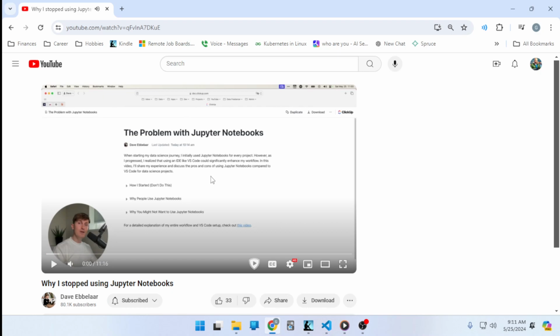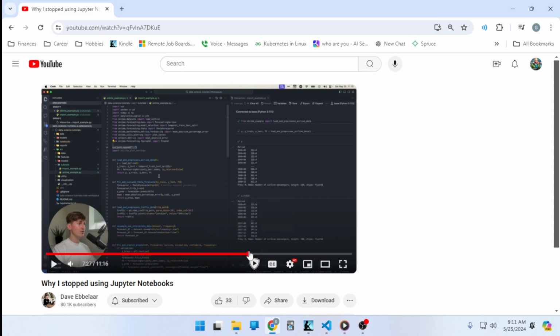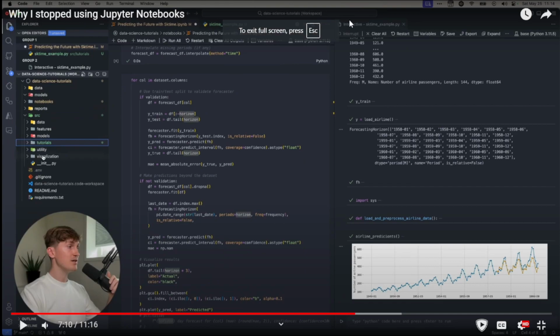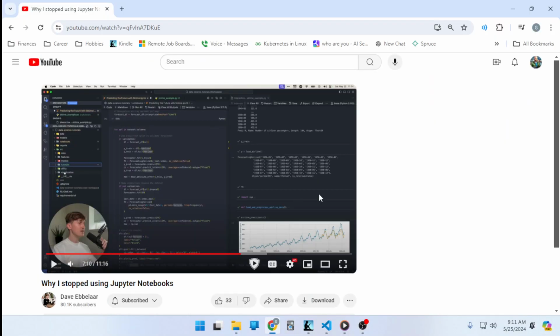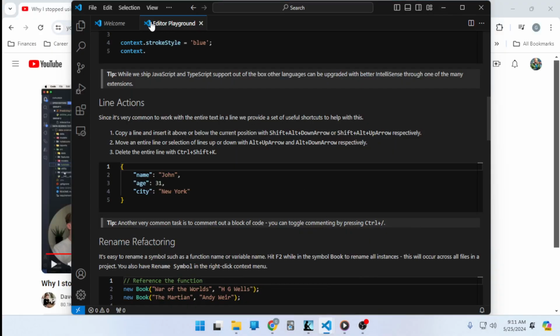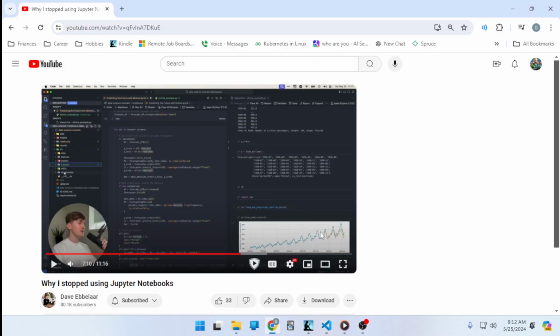And yeah, Jupyter Notebooks, they were good for their time, but this is the future. So I feel like this is a better solution. This interactive feature in VS Code, or just VS Code more generally, as an alternative, is probably a better way to go. So I don't know what feature this is.